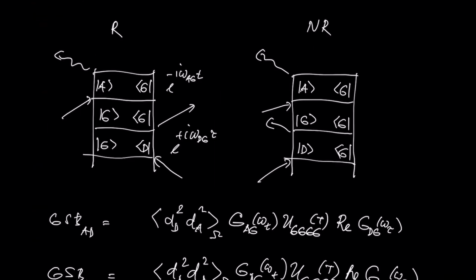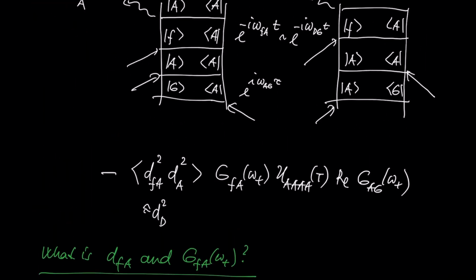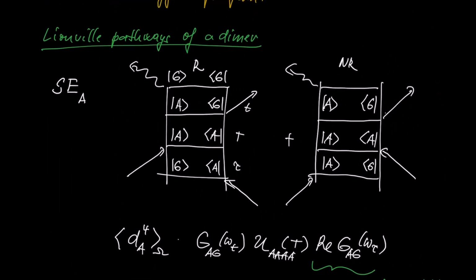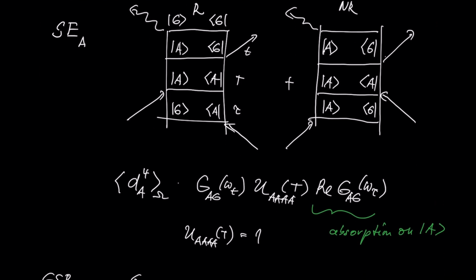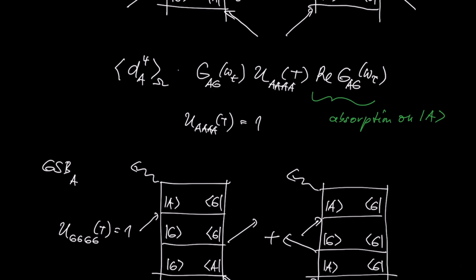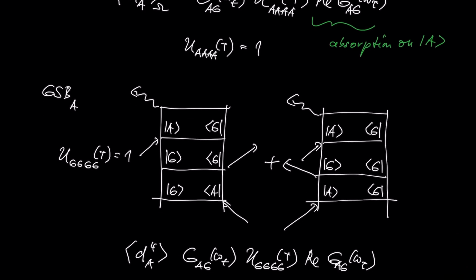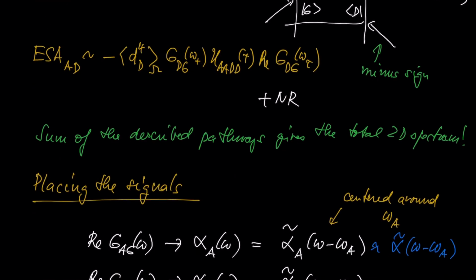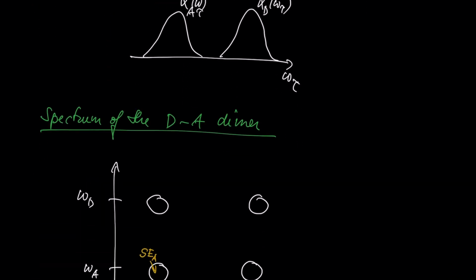Then the next thing is the ground state bleach of A. Ground state bleach of A, again the same line shape, so this belongs to the same spot.